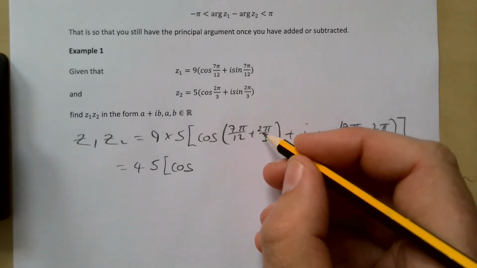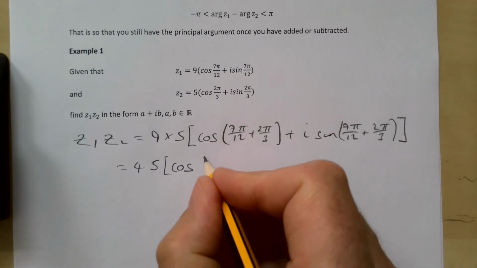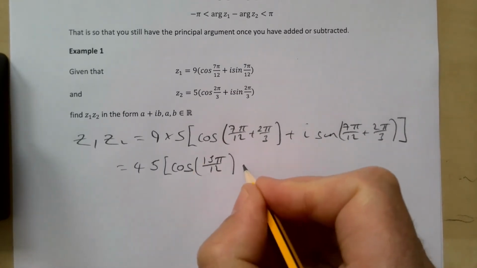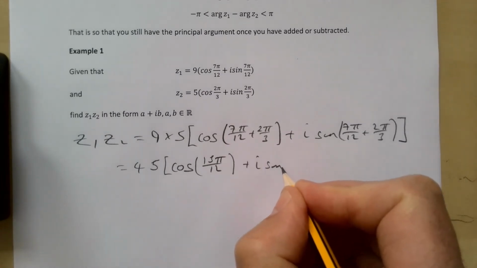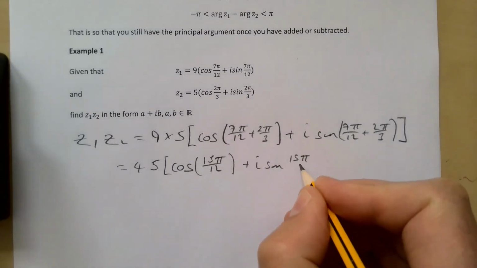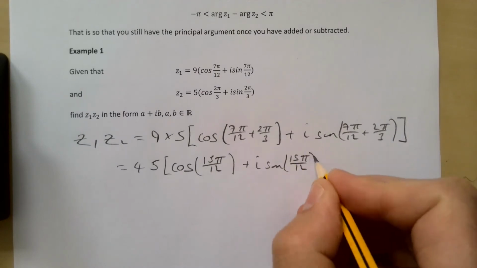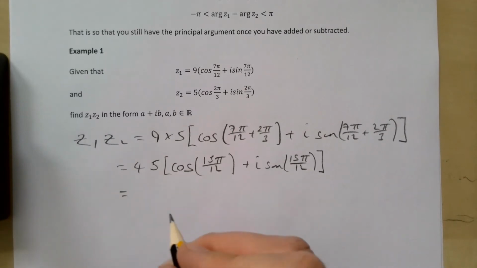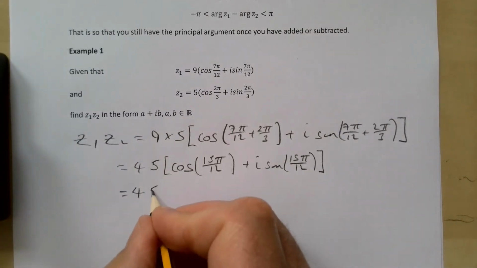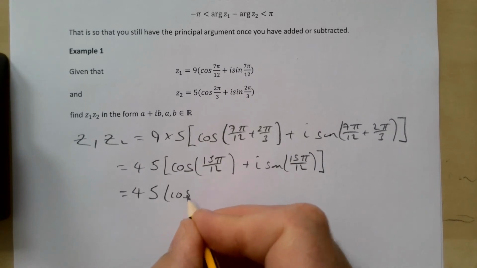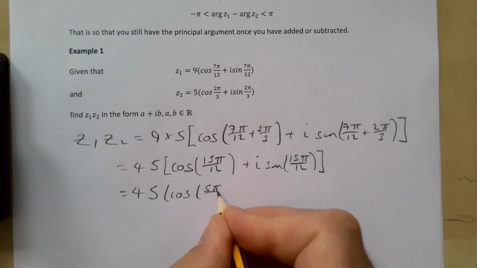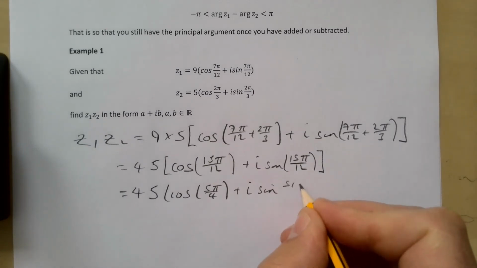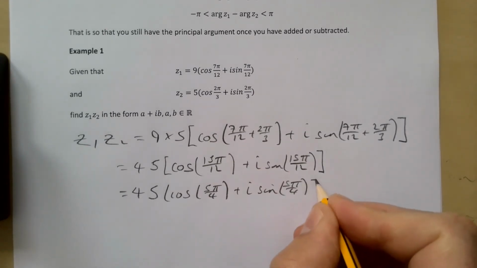So 7 pi plus 8 pi gives us 15 pi over 12. That gives us 45 cos 5 pi over 4 plus i sine 5 pi over 4.